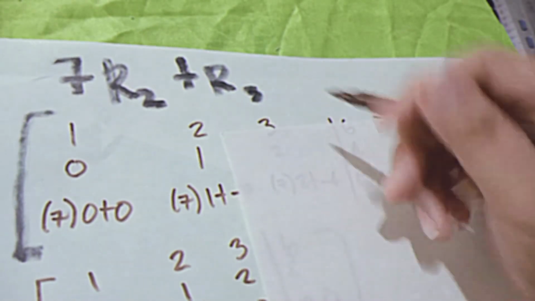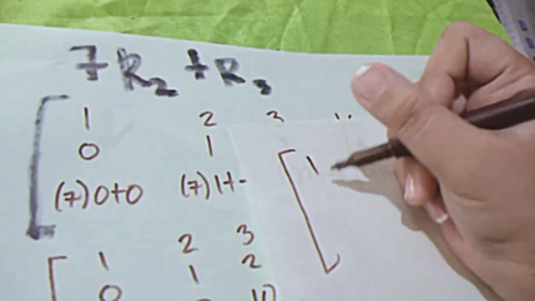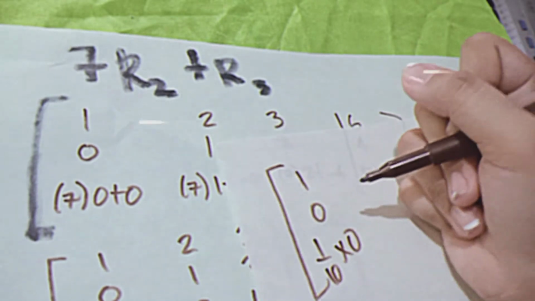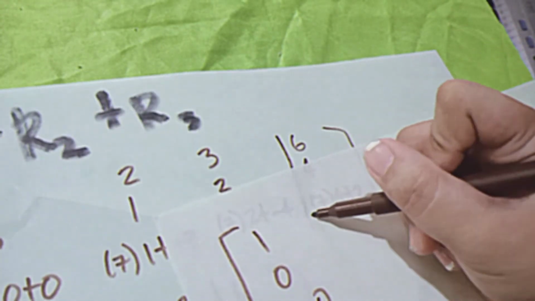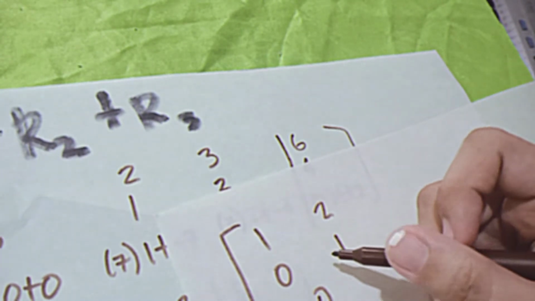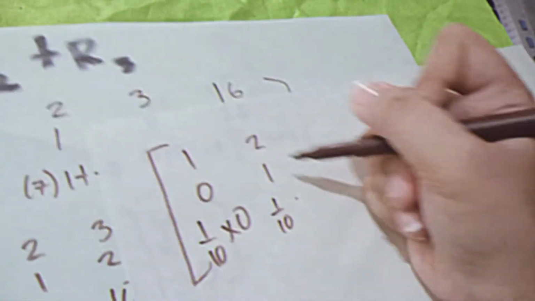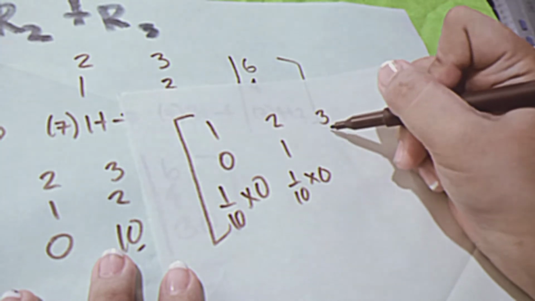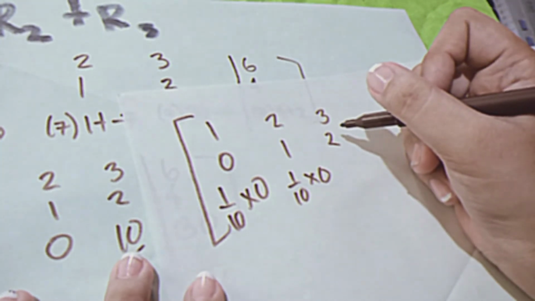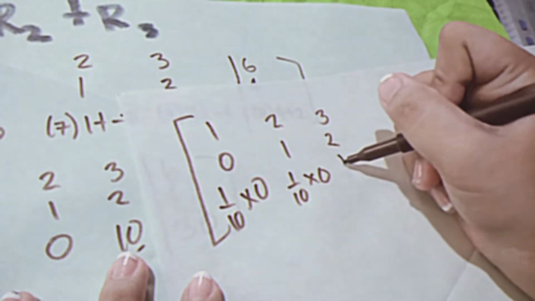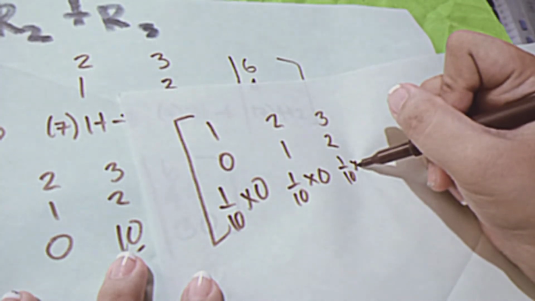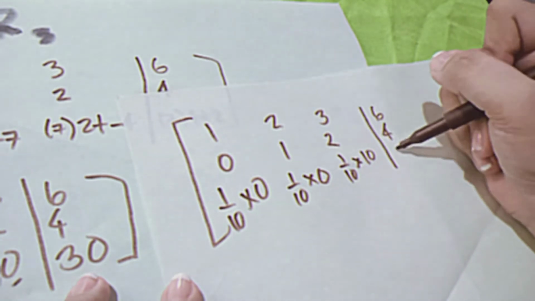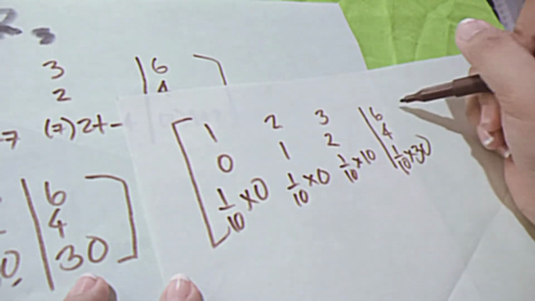So ganito gagawin. 1, 0, then 1 over 10 times 0, then 2, 1, 1 over 10 times 0, then 3, 2, then 1 over 10 times 10, then 6, 4, 1 over 10 times 30.